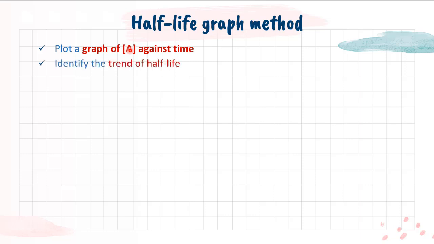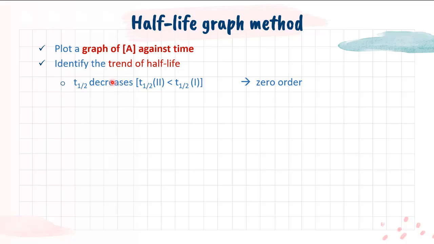Then we need to identify the trend of your half-life. Remember previously we talked about zero order, first order, second order. We talked about the trend: half-life increases over time, remains constant, or decreases over time. That will guide you to your order of reaction. If the half-life decreases over time, whereby the second half-life is smaller than the first half-life, therefore you have a zero order.